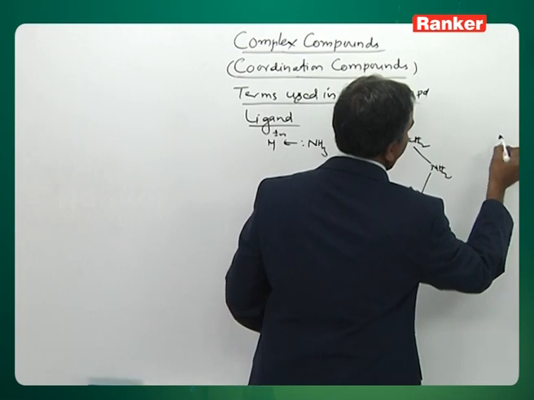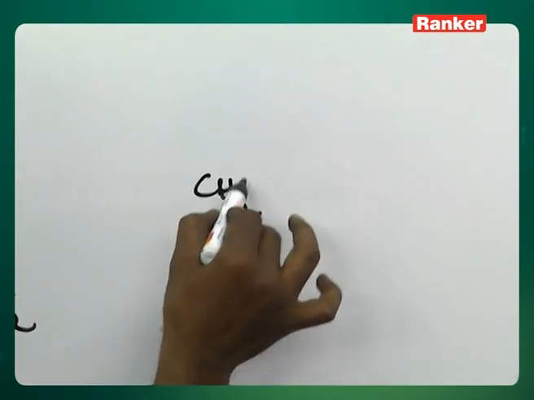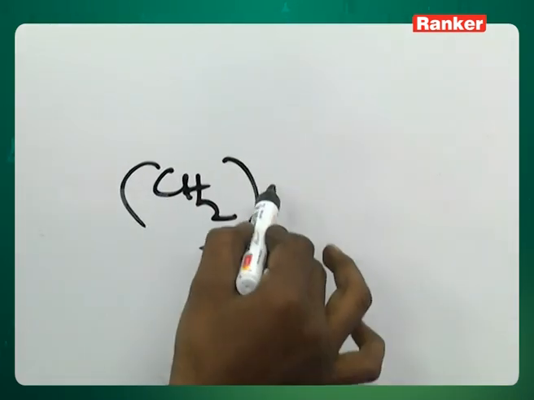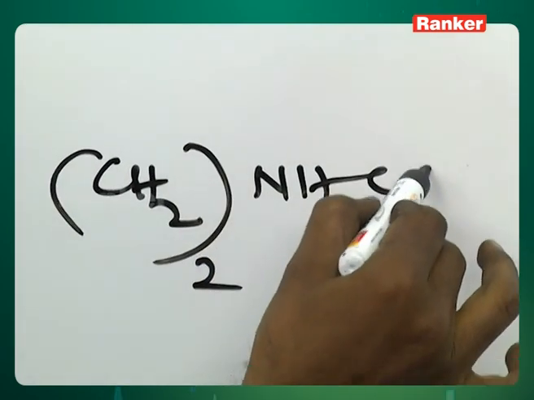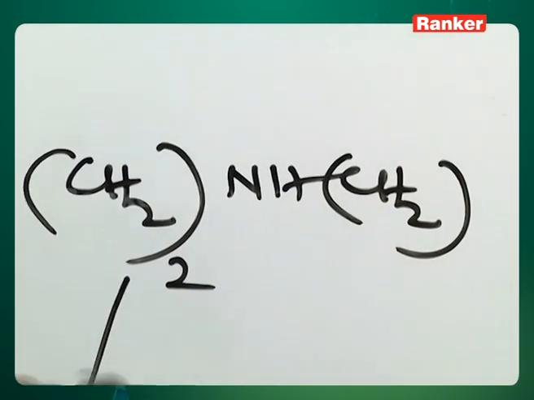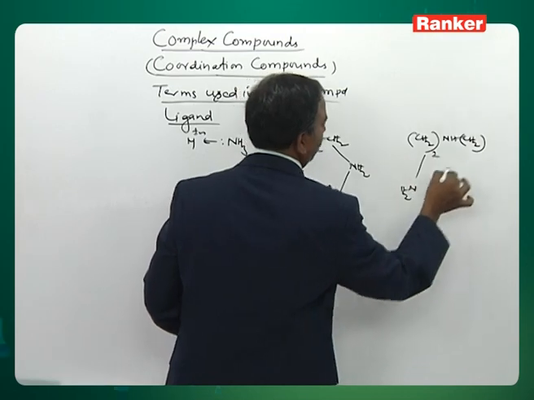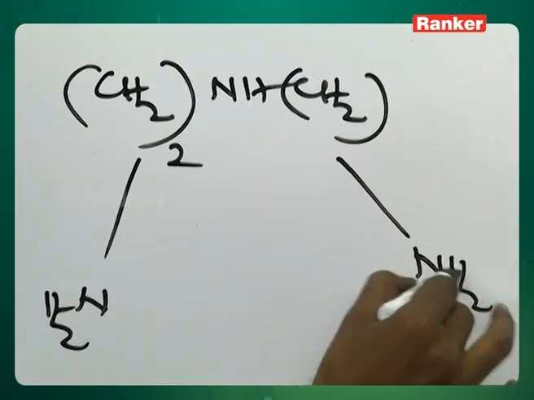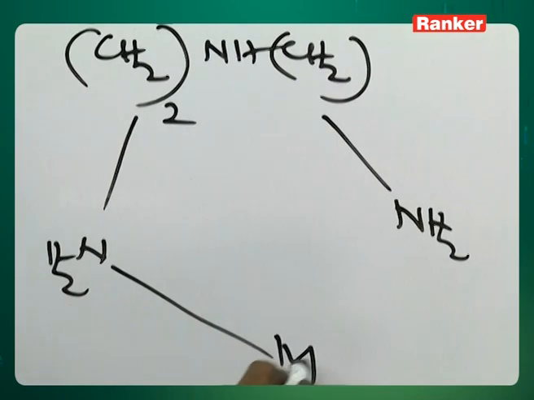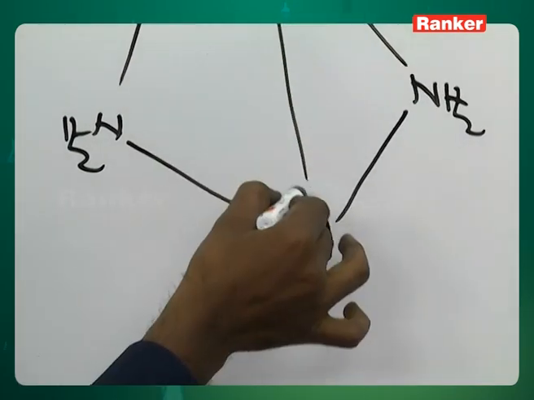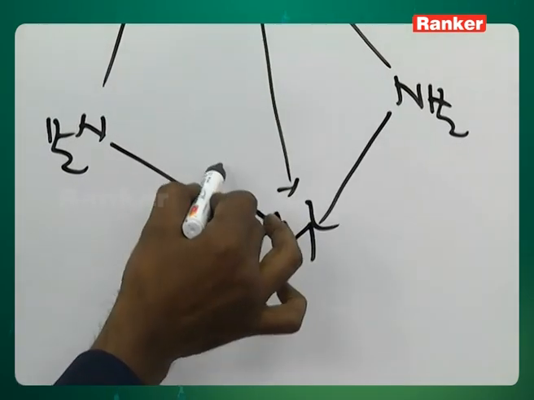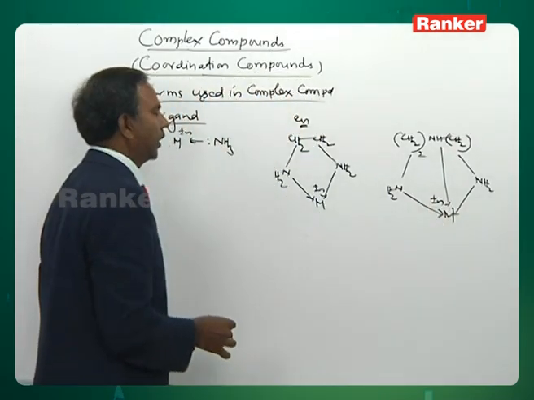Next, take dien, diethylene triamine. It is carrying three donor atoms. Like this, based on the number of donor atoms, first donor, second donor, third donor, it is considered tridentate.